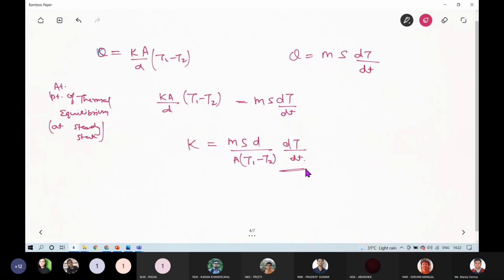Okay, so in this method, I can find the value of K if I have the value of dT by dt. This experiment is basically divided into two parts. In the first part, first I will show you the setup, then we will again come back to this page, and we will see what the steps are.